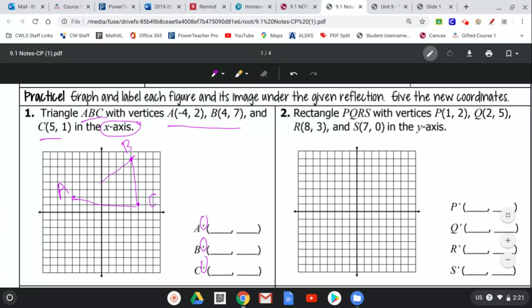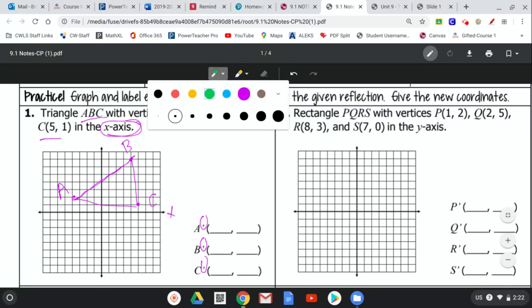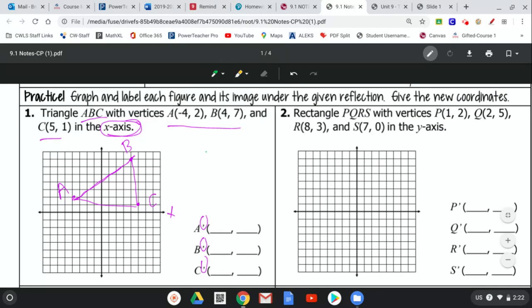Now, it's being reflected over the x-axis. All right, so this is the x-axis right here. And to do this reflection problem, this is where we talked about the points are going to be the same distance away from the line of reflection. So if we start with C here, C is 1 unit away, all right, from the x-axis.